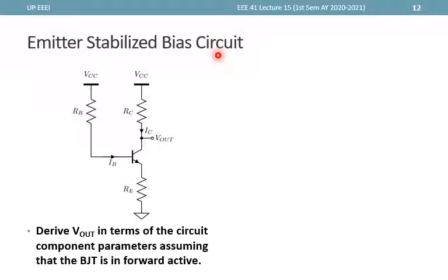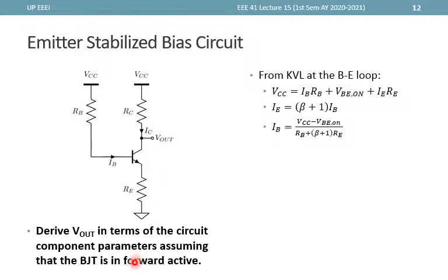And so let's analyze how this resistor actually helps to stabilize the DC bias point, despite possible variations in beta. Again, we're assuming that this NPN BJT in our amplifier is in the forward active region.